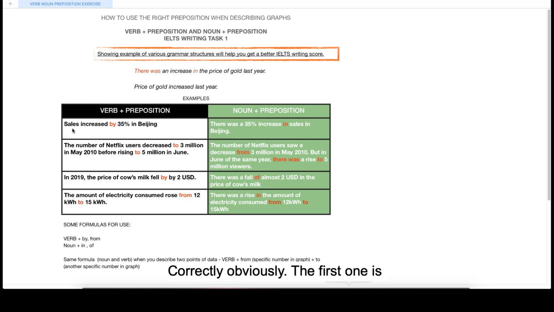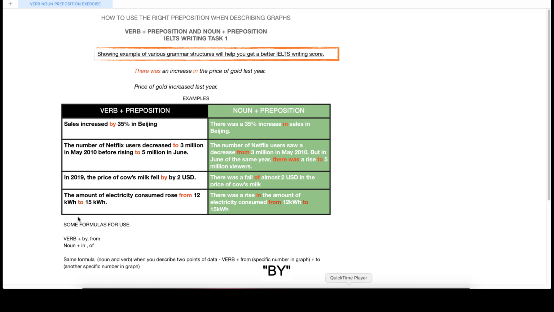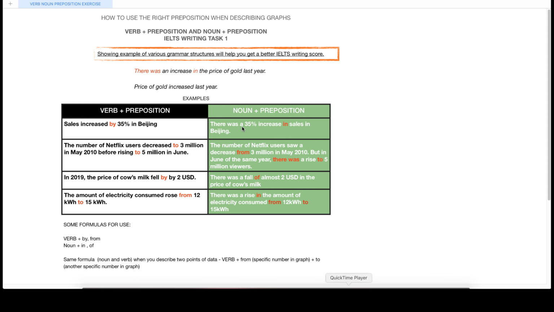The first one is: sales increased by 35% in Beijing. Now the verb here is increased, and after that we usually put the preposition by. You can always put verb plus by. If you look at the noun form of the same sentence without changing the meaning, you can see there was a 35% increase in sales in Beijing.